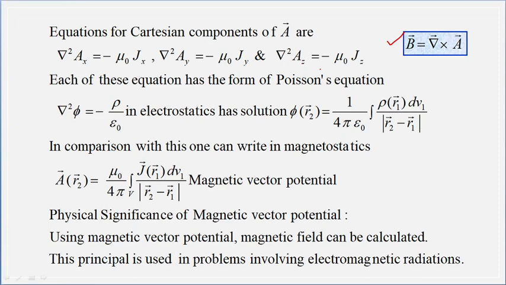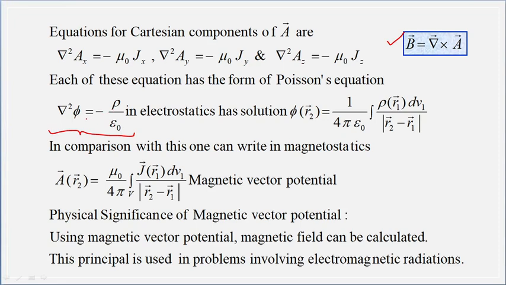They can be derived, but it is very lengthy. So we translate the equations in electrostatics into equations in magnetism. We know that del square phi equal to minus rho by epsilon 0. This is also called the Poisson's equation.